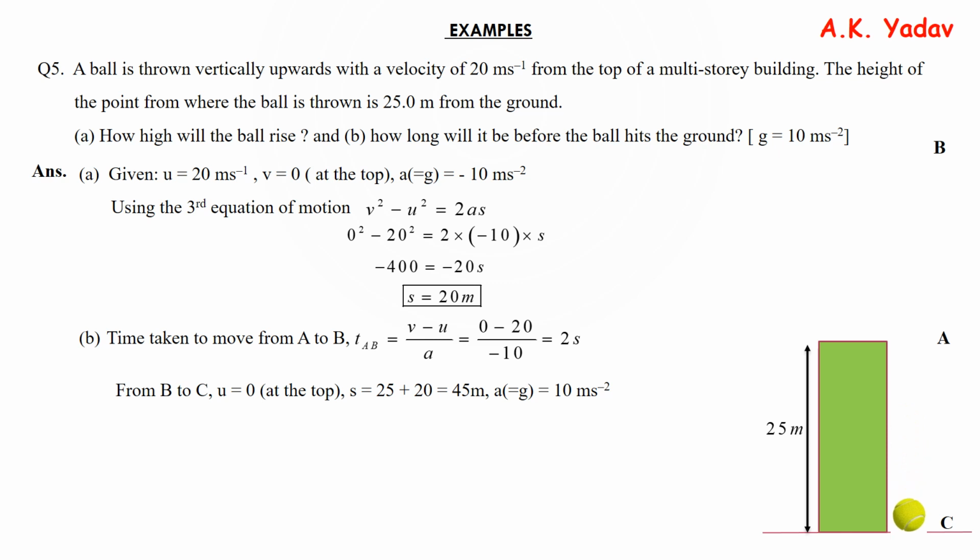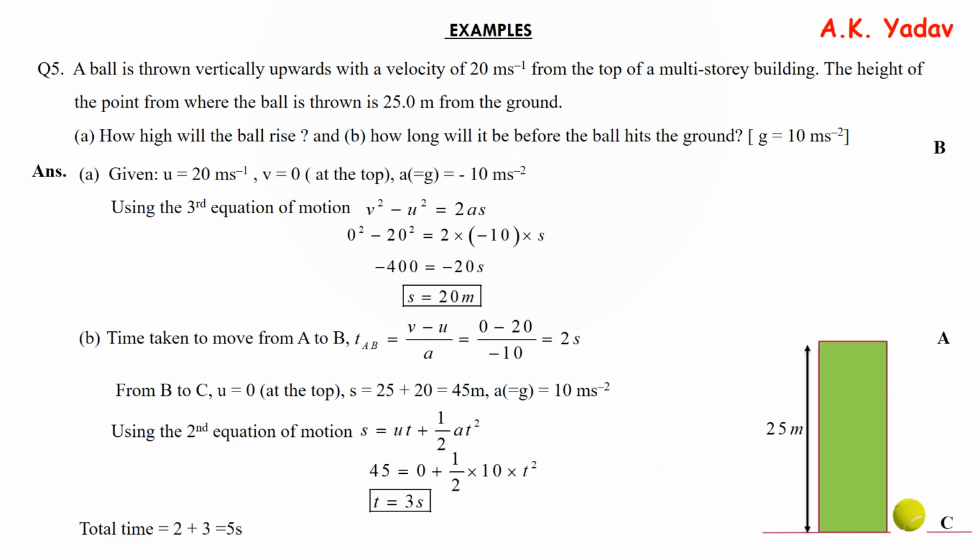So let's use the second equation of motion, that is S is equal to ut plus half at square. On putting all the values, we get t is equal to 3 seconds. That means from B to C, it took 3 seconds. And the time for A to B was 2 seconds. So the total is 5 seconds.